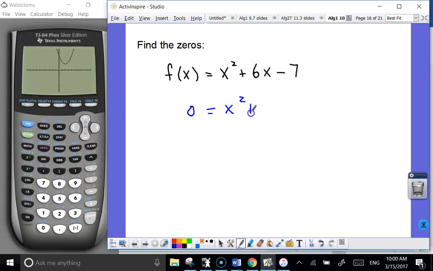And now you're doing the same thing. That's what it means to find the zeros. You would solve that equation right there. Again, we know that the zeros are the x-intercepts anyway.